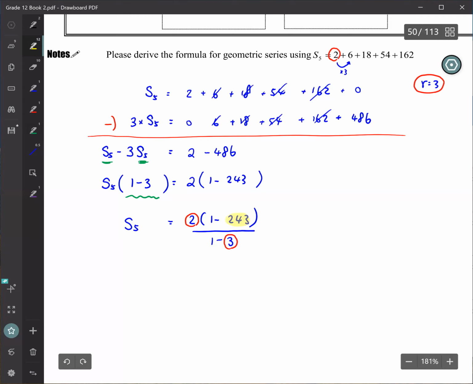The 243, what do you think that number came from? How can we get a 243? How is that related to the series? Okay, I'll give you a moment to think about this. Does it have to do with the first term, last term, ratio? How can we get the 243? Anybody?